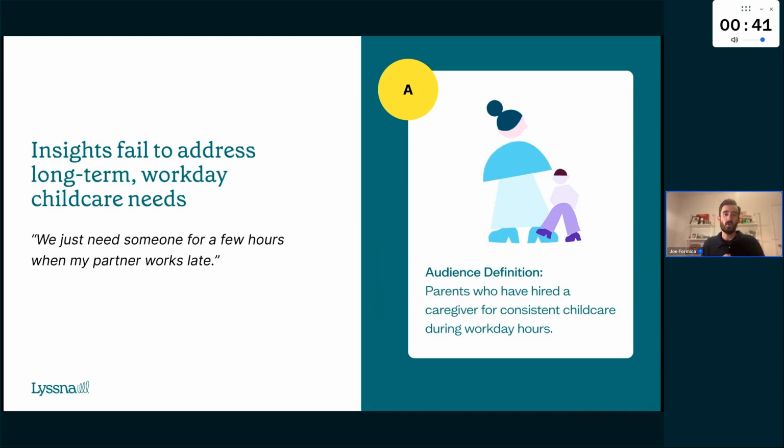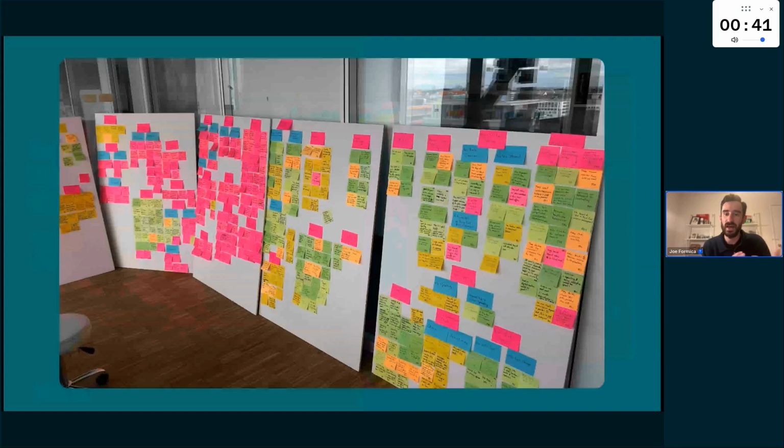So a lot of the time, what happens when you define a really broad or somewhat big audience to talk to and source them as participants, you'll come out of it with something like this: a gigantic wall or file of recordings or post-it notes and feedback.